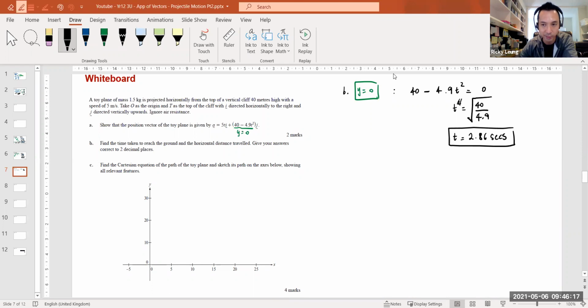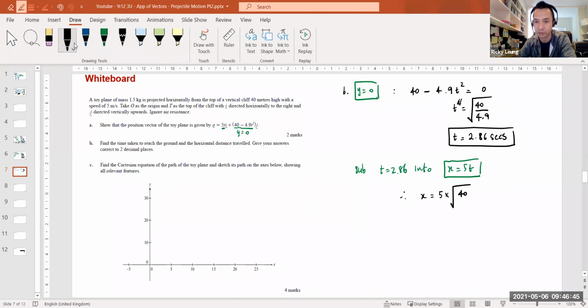Now, it's a double question. The horizontal distance. So sub t equals 2.86 into x equals 5t, right? Pretty easy. So the horizontal distance traveled is 5 times 2.86-ish. Maybe, you know what, let's be more exact. 40 on 4.9.